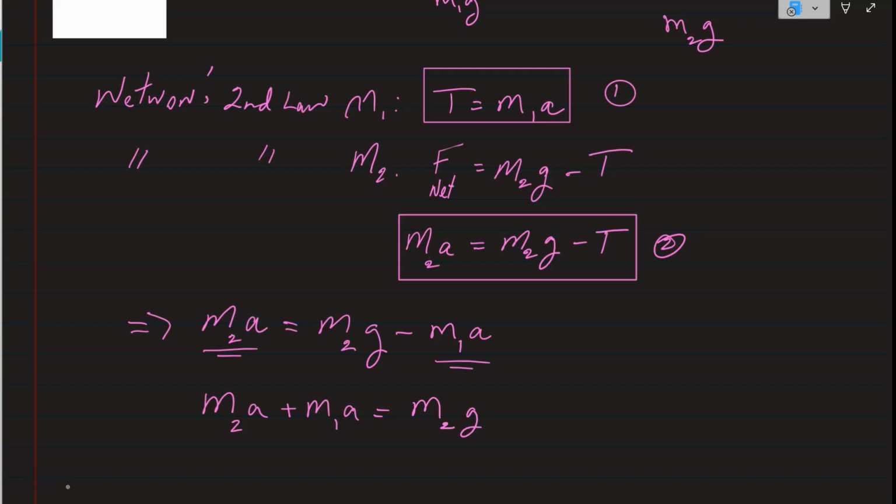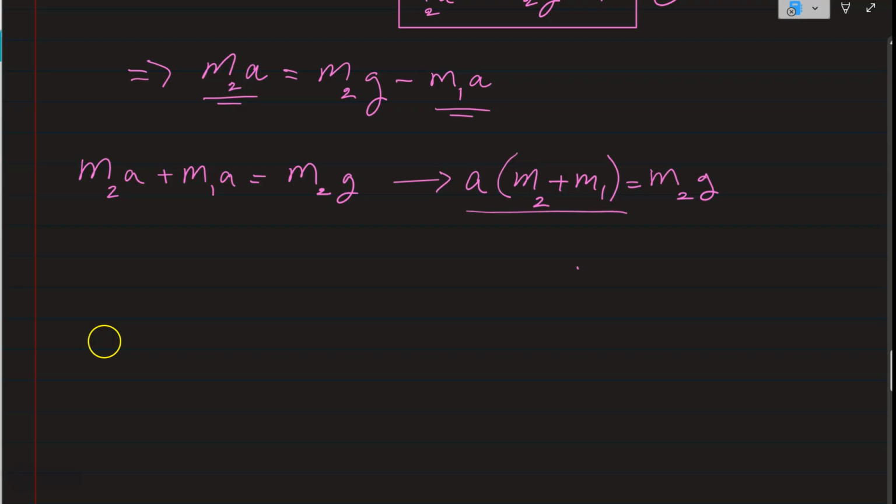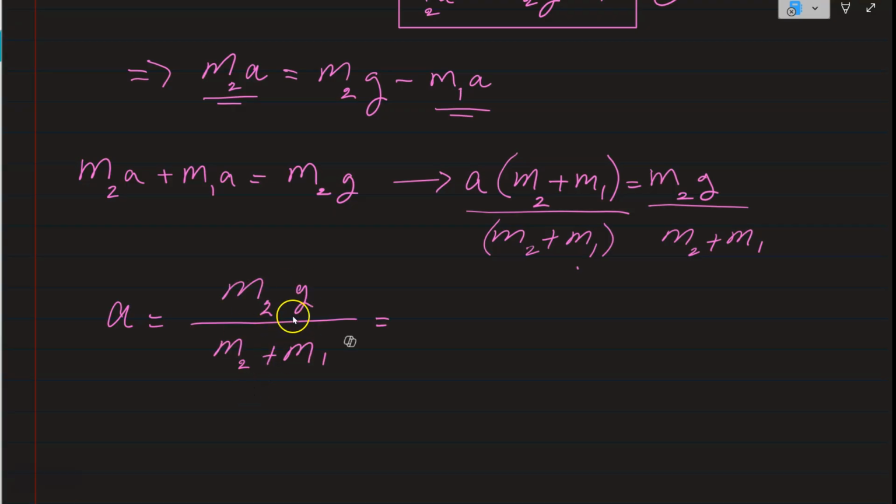Now that we have this, I'm going to factor the acceleration A out of the left-hand side: A times M2 plus M1 equals M2G. We are solving for A. So here we simply divide both sides of this equation by M2 plus M1 because we want to isolate A, and then you have the equation for A, which is M2G divided by the masses adding up.